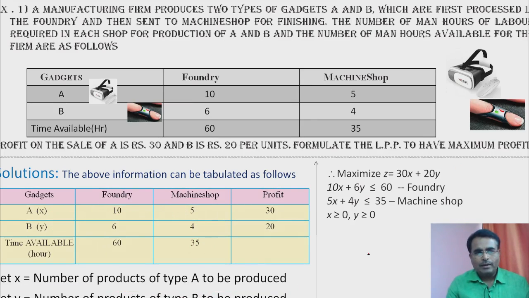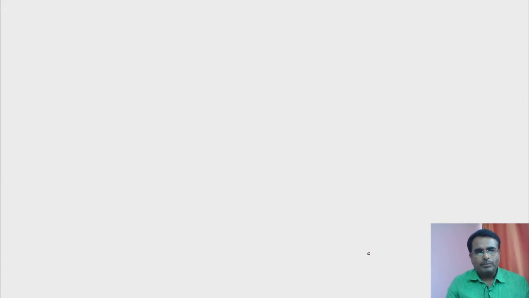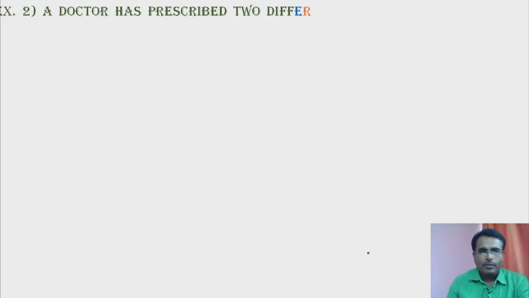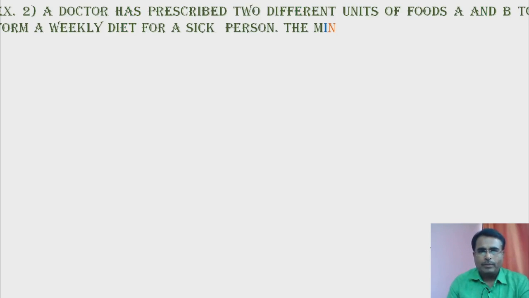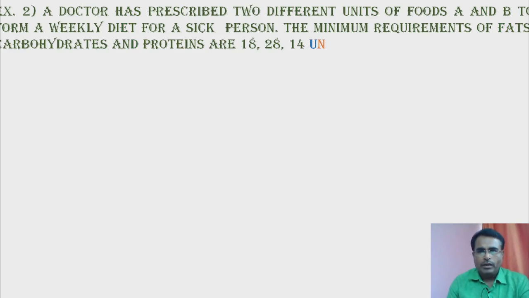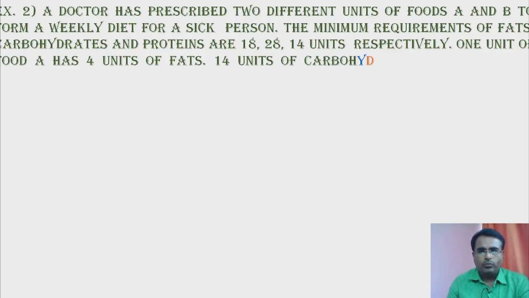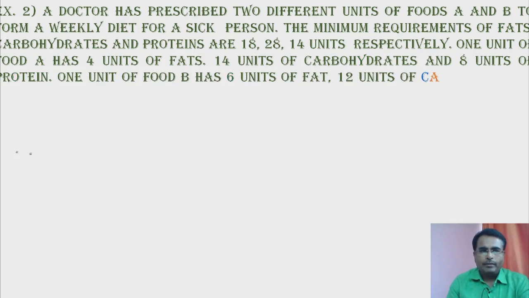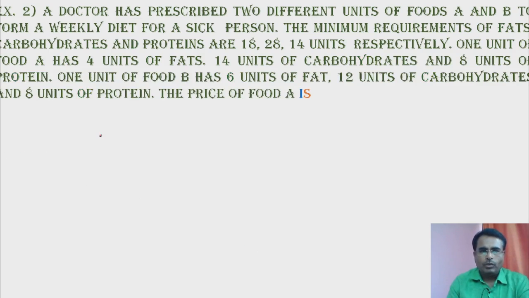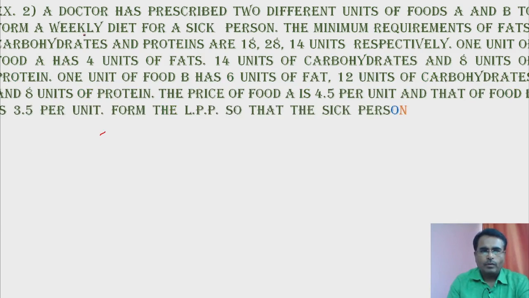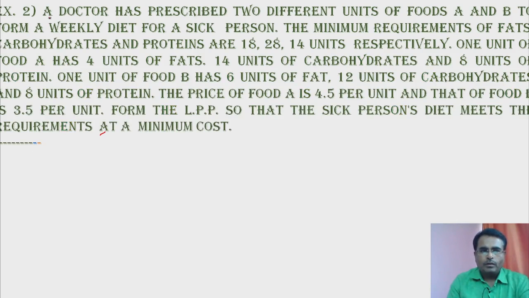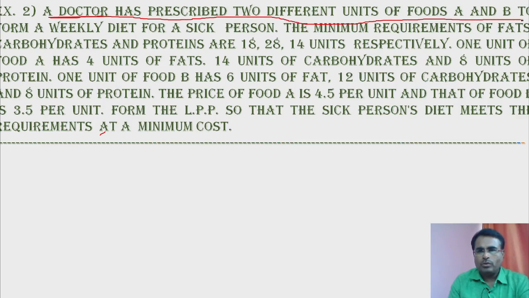Let us consider another example. Example number 2: a doctor has prescribed two different units of foods of type A and B to form a weekly diet for a sick person.